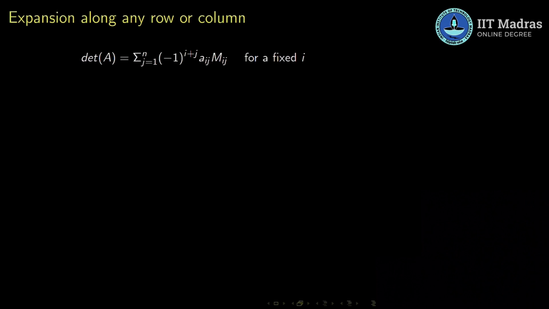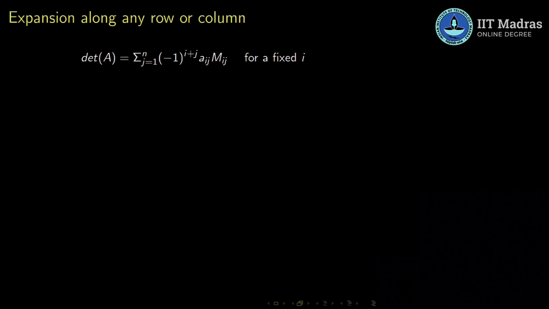Here is what happens when we do expansion along the ith row. In that case we can write the expression for the determinant as the sum of the ijth entry of A times the ijth minor multiplied by minus 1 to the power i plus j. Remember when i was 1, that was the definition, right.